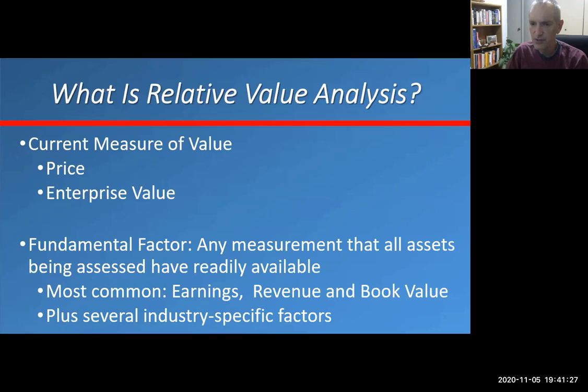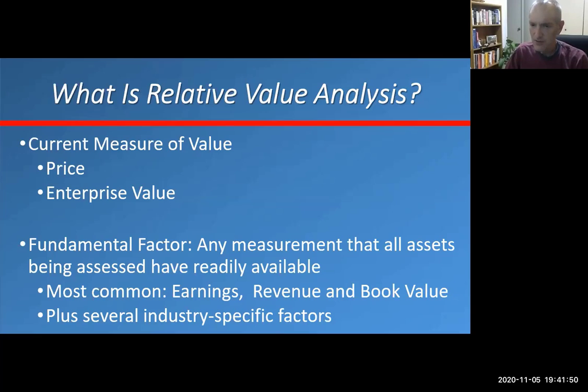There's no difference. They may have $200 billion in debt. They also have $200 billion in cash, and so those offset. There actually was a time where Apple's enterprise value was less than their market value, less than the price, because they had so much cash, and so you subtracted that out. So that's a little bit of a challenge, but we're still going to go with it.